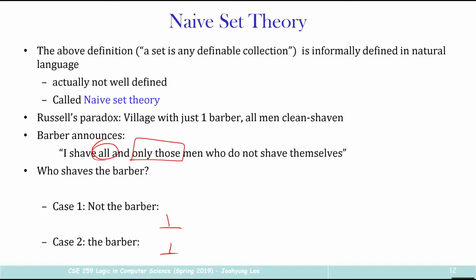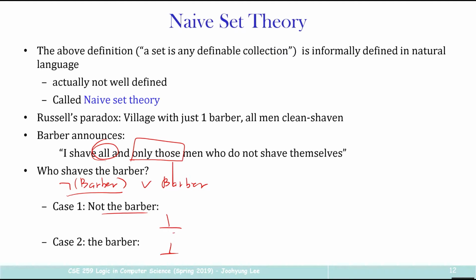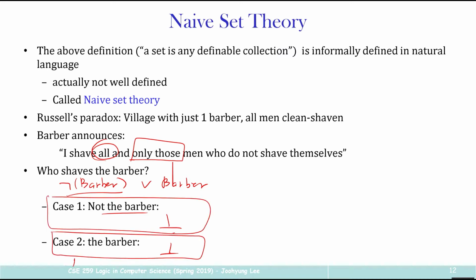So if I'm going to write it here, this is not barber or barber. This is the law of excluded middle. Case one is not the barber. We got the contradiction. Case two, if it is the barber, we also get a contradiction. So this is the first box, second box. Using the OR elimination, we can derive bottom at the end.